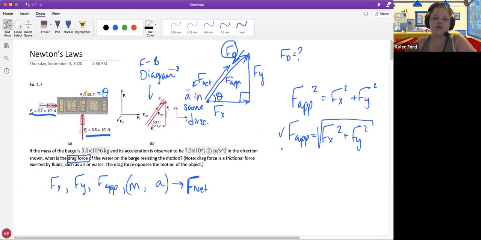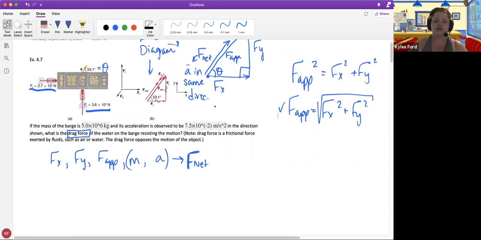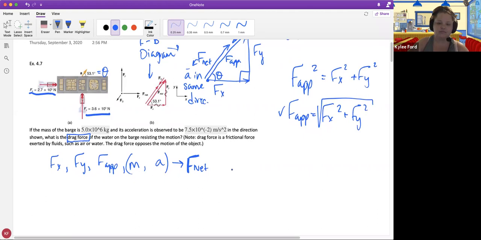Okay, so our next step is going to be to figure out what our F net is. Our net force, like I said, is based on our mass and acceleration. Newton's second law, right? So F net equals the mass of the barge times the acceleration of the barge.